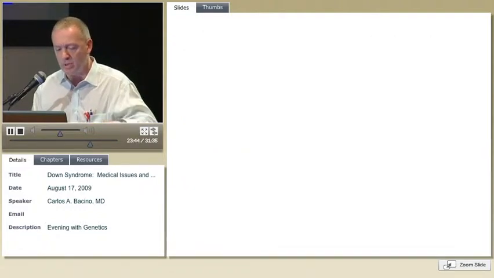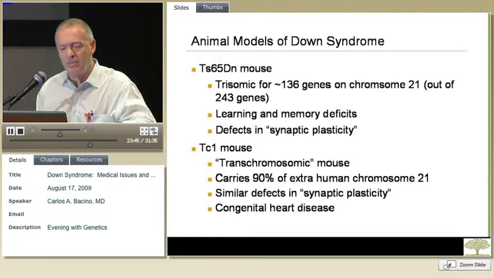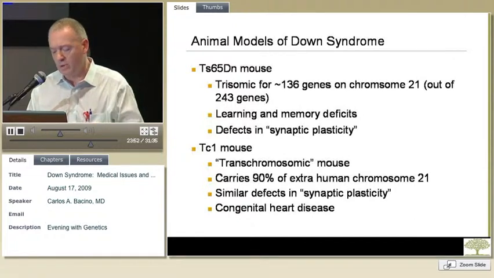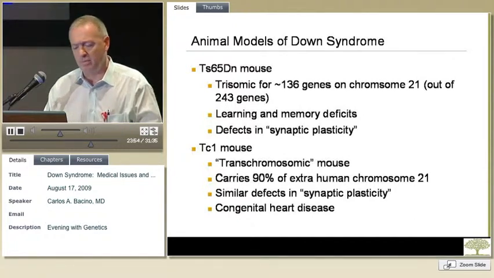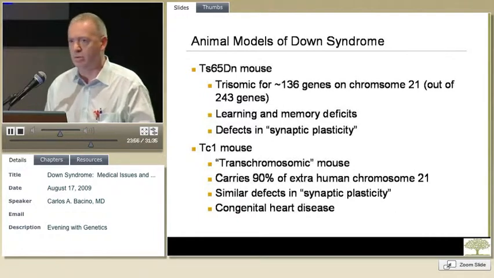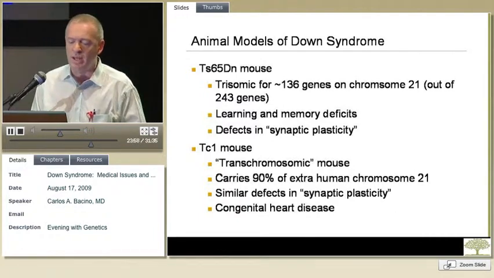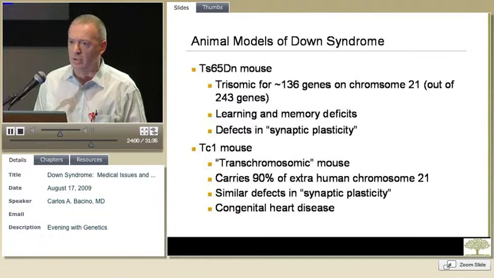So a couple of words about other treatments, the treatments for the future, and research. One of the things that some of you may or may not know is that there's a lot of research going on in Down syndrome.